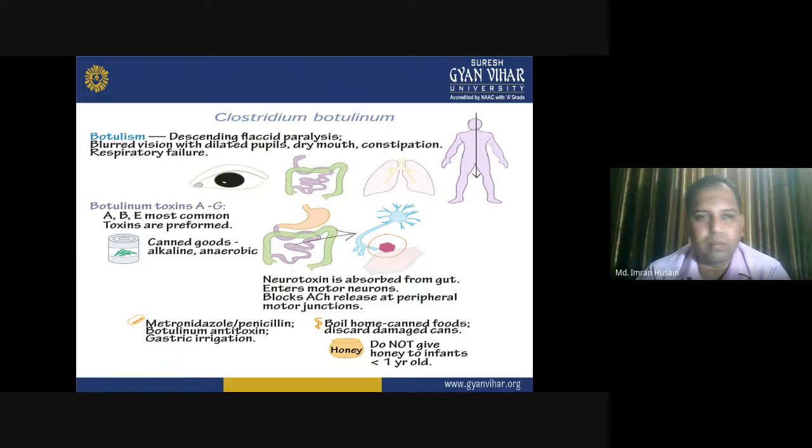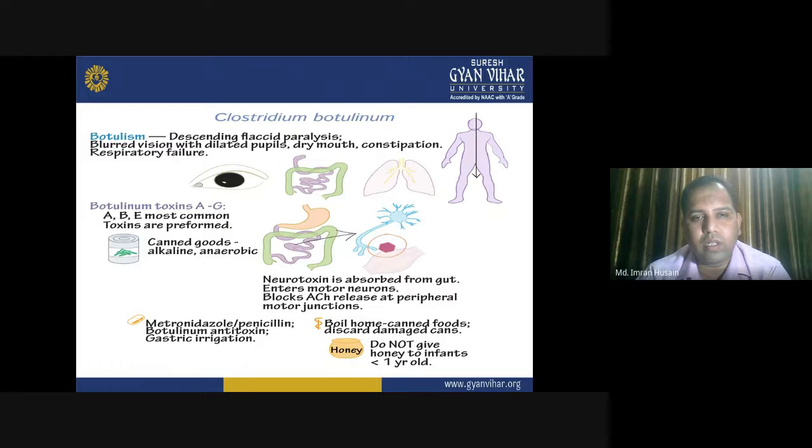Clostridium botulinum: descending flaccid paralysis, blurred vision with dilated pupils, dry mouth, constipation, respiratory failure. Okay, so these are very dangerous symptoms or conditions that result from botulism.